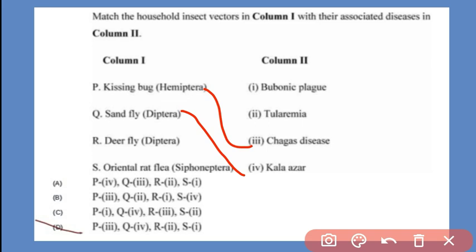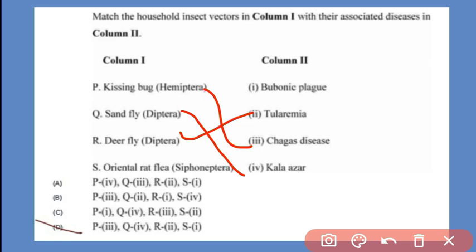Deer fly, ulceroglandular. This is the most common form of tularemia, occurring by the bite of ticks or a deer fly. A skin ulcer appears at the site where the bacteria entered the body. The ulcer is accompanied by swelling of a regional lymph gland. So deer fly, tularemia.